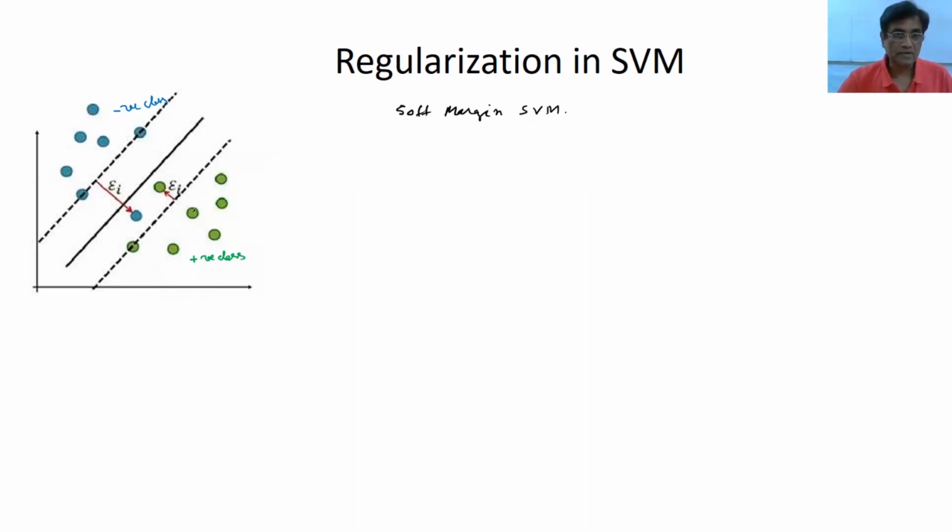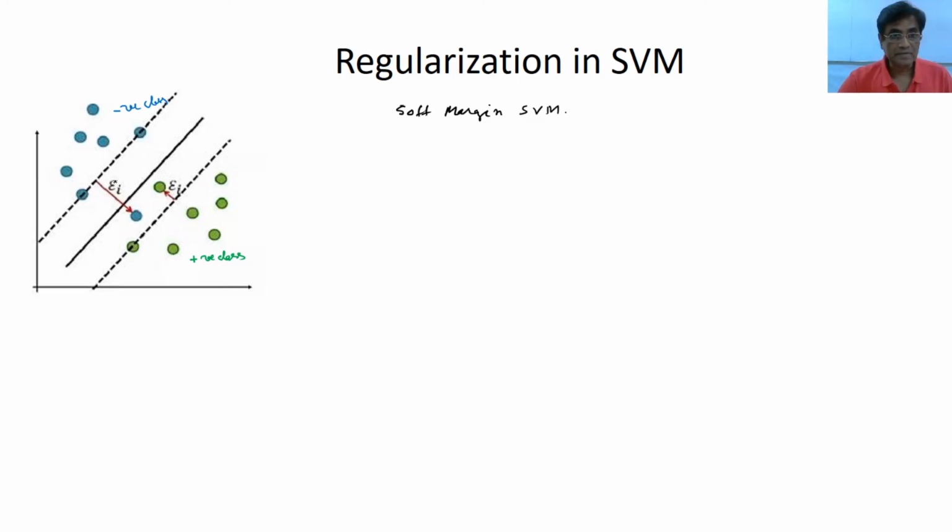So this has to be here, but due to some noise or whatever, it may always happen. This is inside the gutter. Likewise from the other class, some samples may be an outlier for this class. Then how to solve it, let us see in a generalized way.